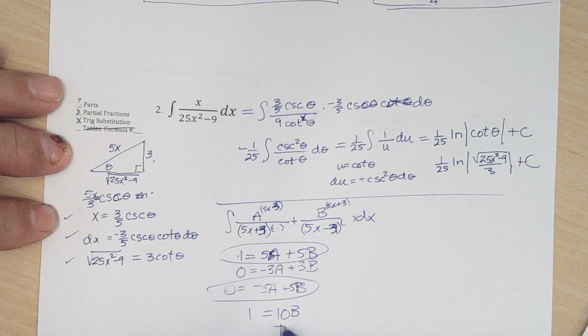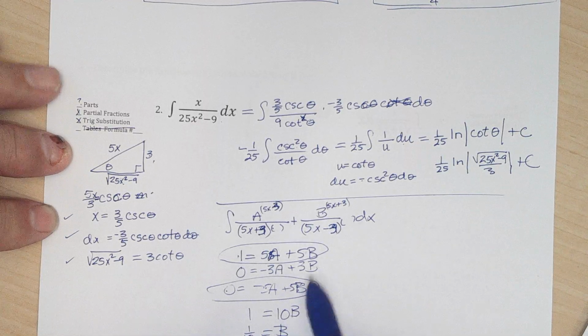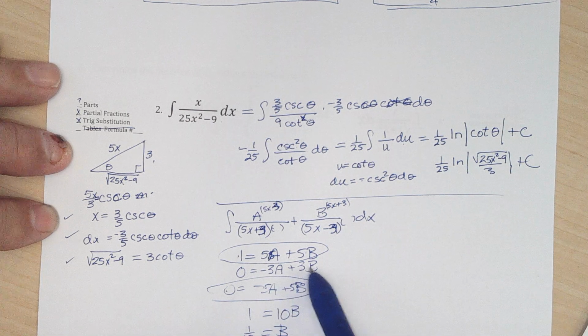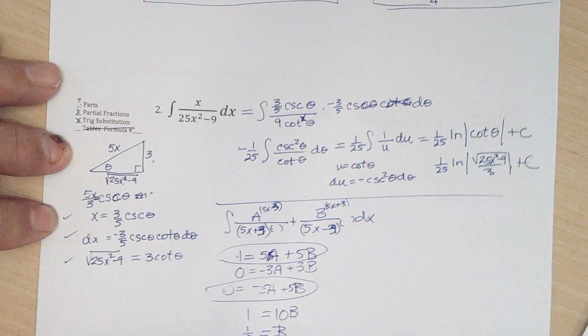And so b is 1/10. And if b is 1/10, this would be 3/10, so a would have to be minus 3/10, so a must be 1/10.